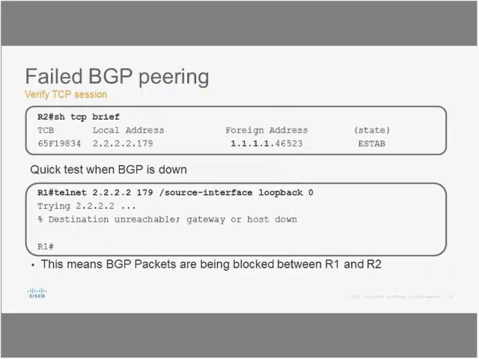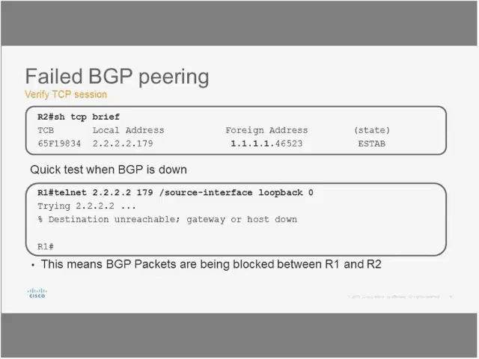The fourth step is verify using a TCP session. So we know that BGP works on TCP port 179, right? If your session is not getting established, you have verified your reachability is there, you have verified your firewall entries are proper, and your configuration is perfectly fine, you can do this test.